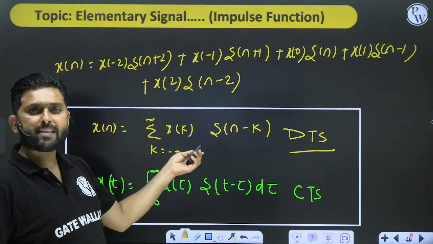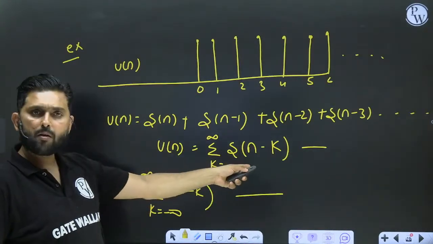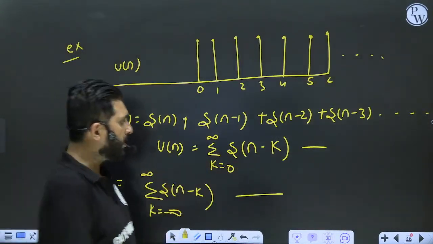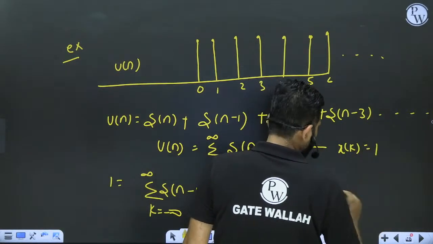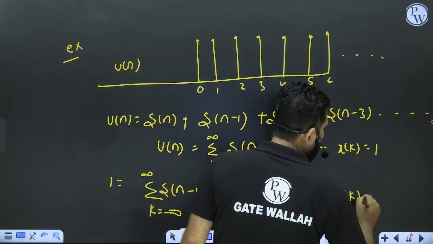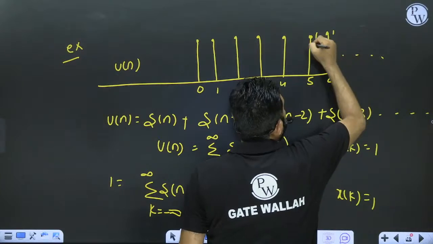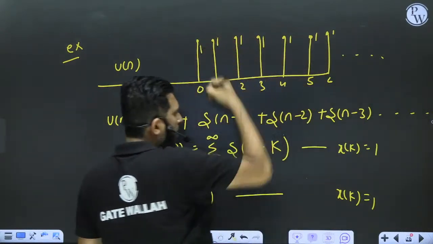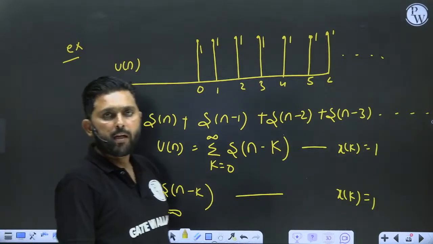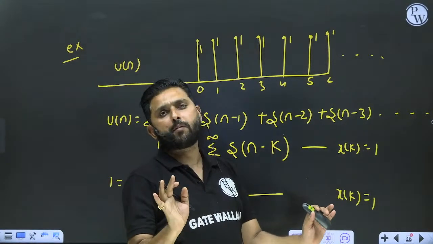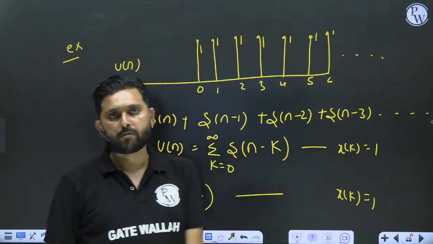See, what is the x[k] here? x[k] is 1. Here also x[k] is 1, and here also x[k] is 1. So that's what the meaning is of my representation of impulse function.